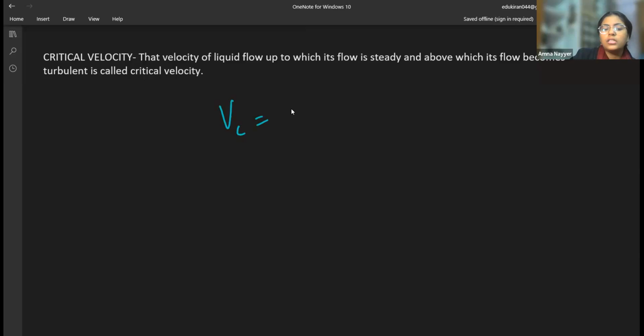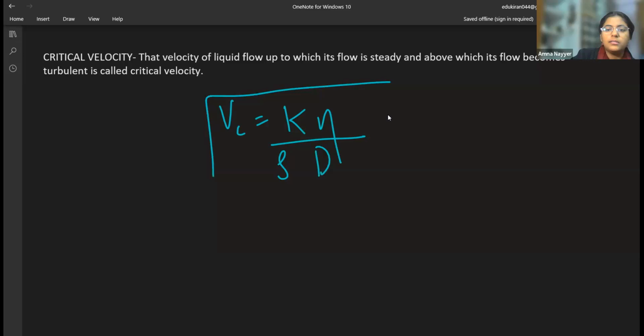So for critical velocity, there is a constant. We write the constant here. This will be given to you. Eta, coefficient of viscosity, density of the liquid. This is not the density of the body, it is the density of the liquid, and D is the diameter. Let me write down all the parameters. This is the critical velocity.